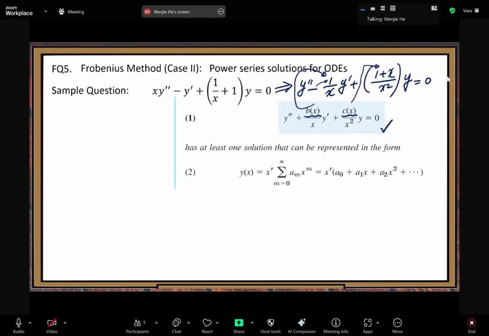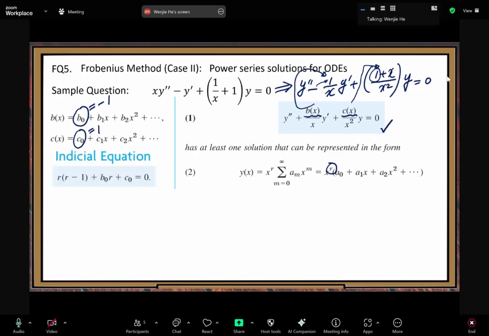Then, based on that, first we need to determine the appropriate R number. When we write the B function and C function in that way, we need to use B0 and C0. In this question, B0 is negative 1 and C0 is 1. Then we have a special equation called the indicial equation.